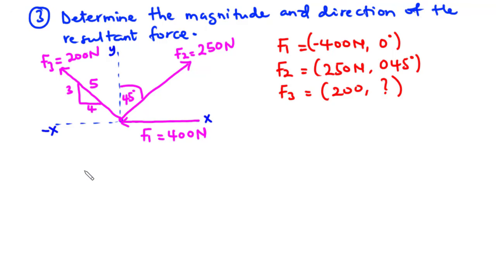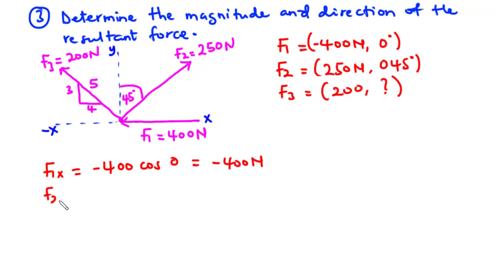So let's find the horizontal components, that is Frx. So we have F1x to be negative 400 cos 0, and that is negative 400 newtons.